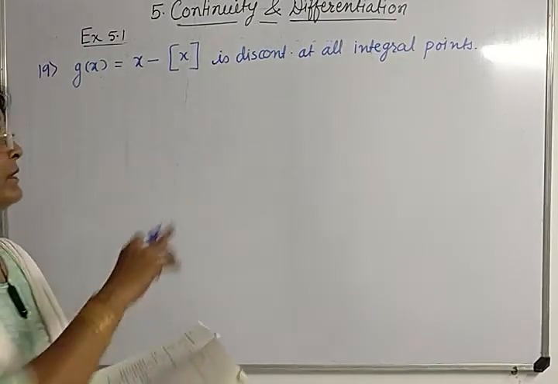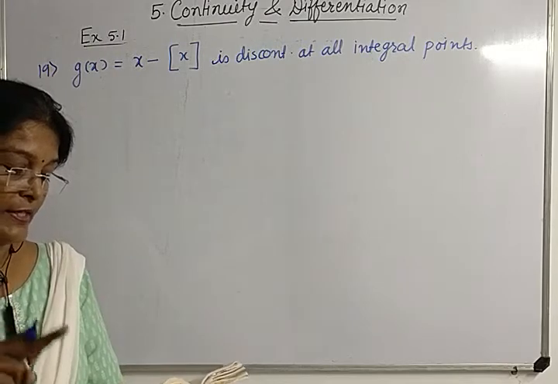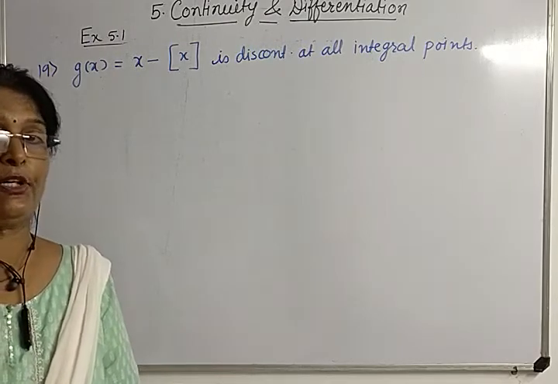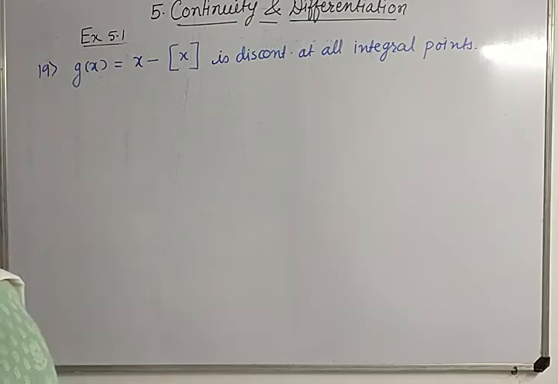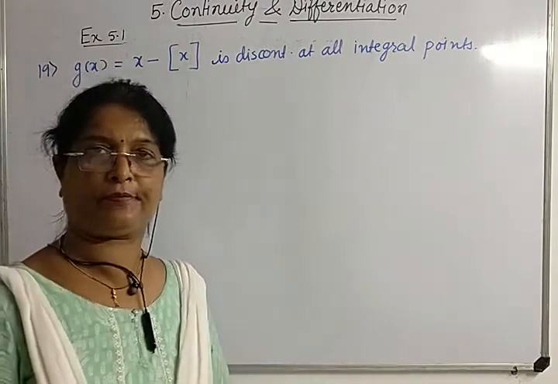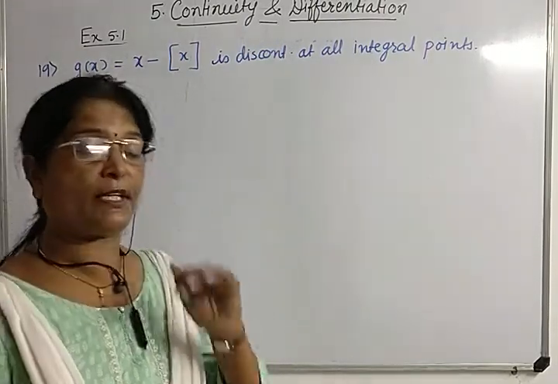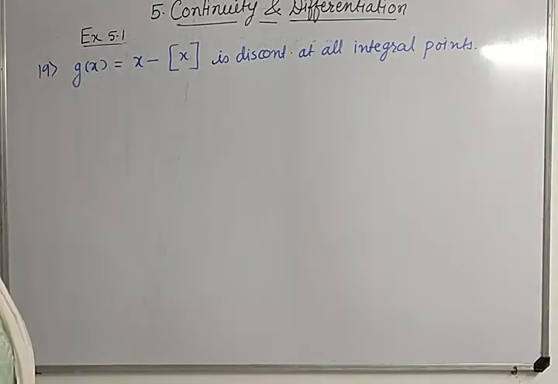Here this bracket x denotes the greatest integer less than or equal to x. Now greatest integer function you have studied in 11th standard, but once again I will be explaining it. तो greatest integer function का मतलब क्या होता है?